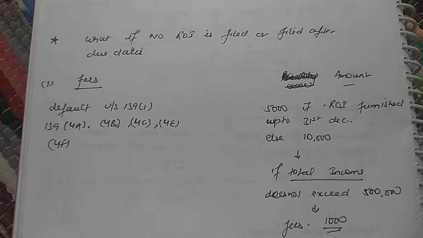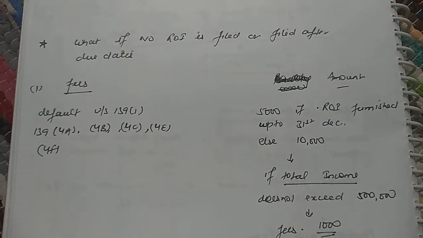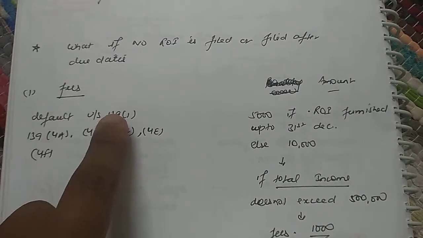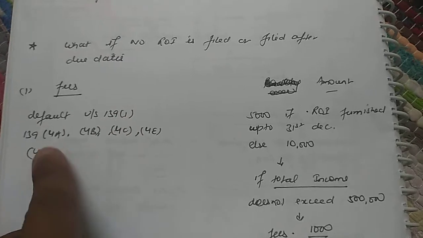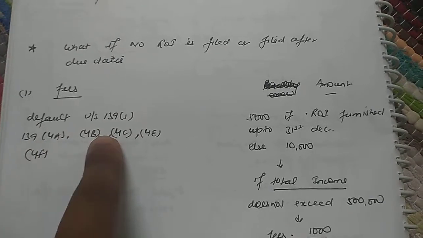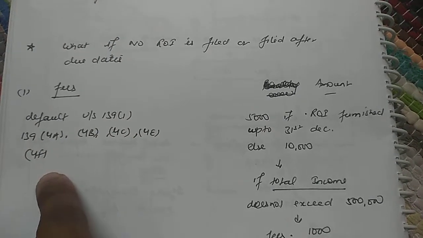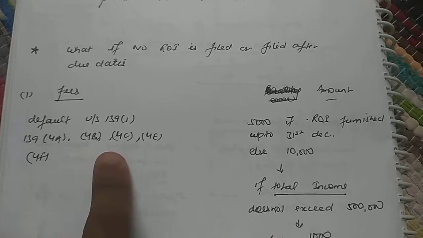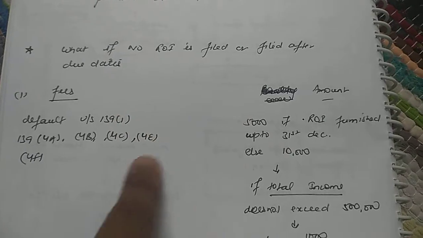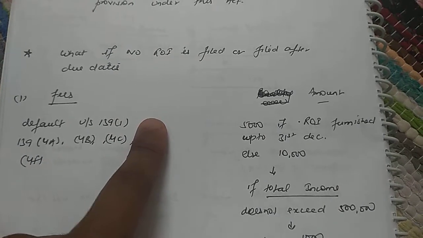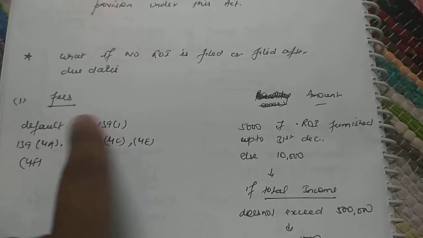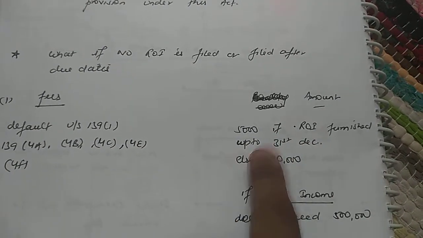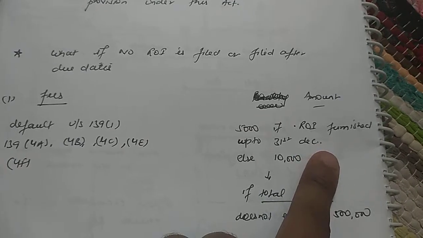Now, what if the return of income is not filed or is filed after the due dates? If there is a default under section 139(1), 139(4)(a), 4(b), 4(c), 4(e), and 4(f), which I just talked about a few minutes back, then the taxpayers need to pay a fee. That fee is 5,000 rupees if the return of income is furnished up to 31st December of the relevant assessment year.